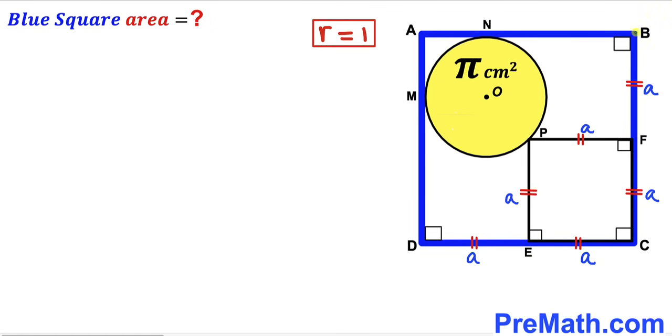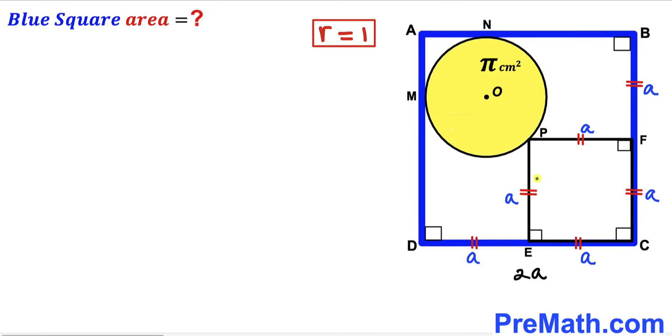And likewise this segment BF is going to be lowercase a as well, since this segment equals this segment EC. So thus we can see the side length of this big blue square is going to be a plus a, which is equal to 2 times lowercase a. And now our task is to find the value of this lowercase a before we could calculate the area of this big blue square ABCD.